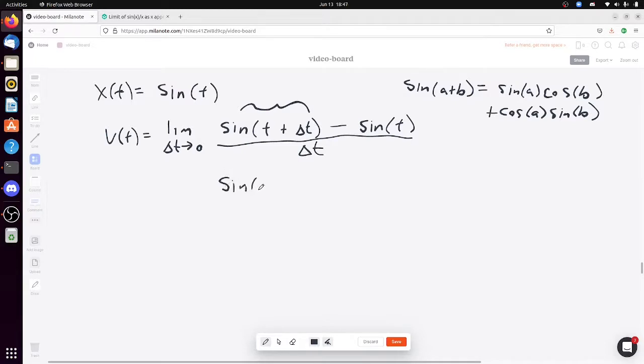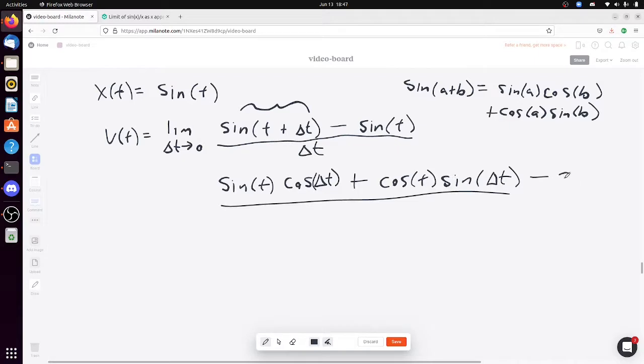So sine of t cosine of delta t plus cosine of t sine of delta t. And then all of that, I almost forgot, minus sine of t over here. And then all of that over delta t, limit as delta t approaches 0.